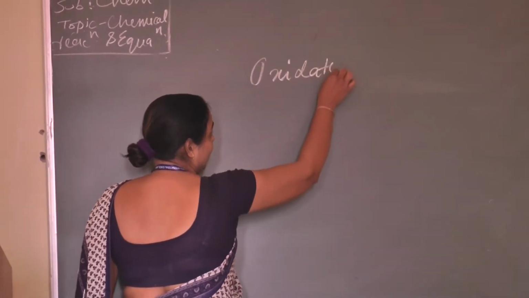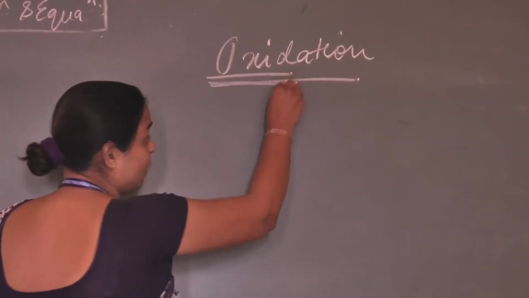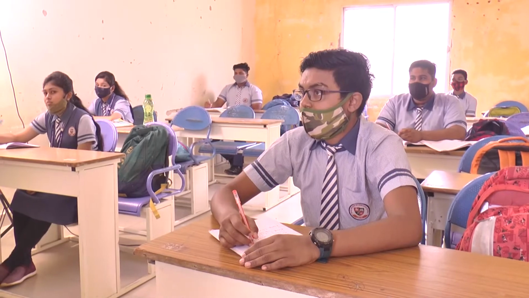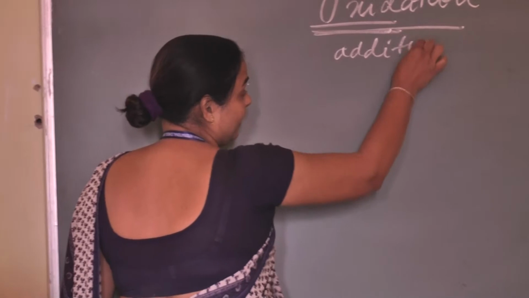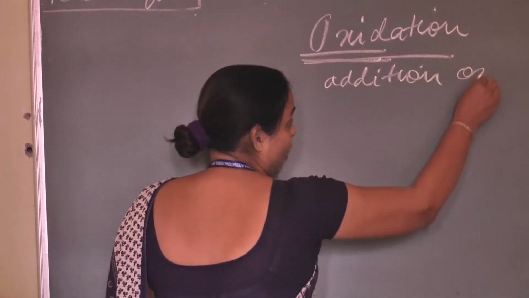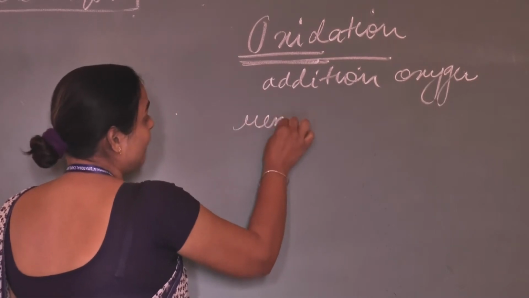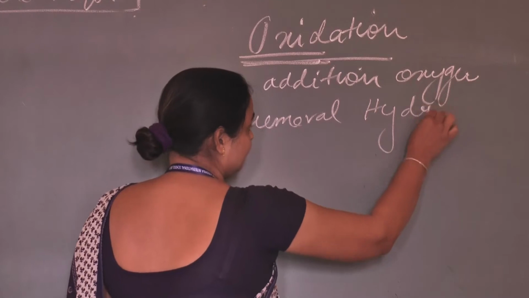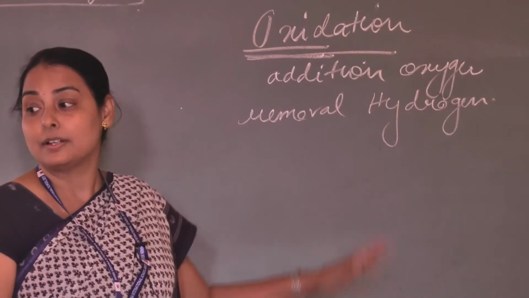Then comes oxidation and reduction. Oxidation, this word oxy means the presence of oxygen. So in oxidation reactions, what happens? The addition of oxygen and removal of hydrogen. This is oxidation reaction.